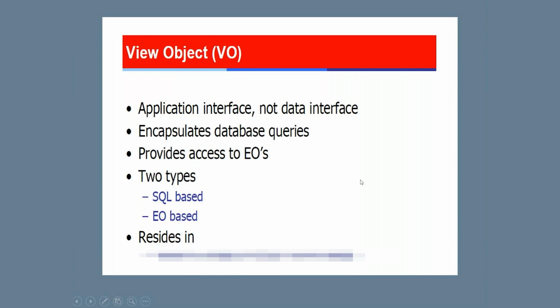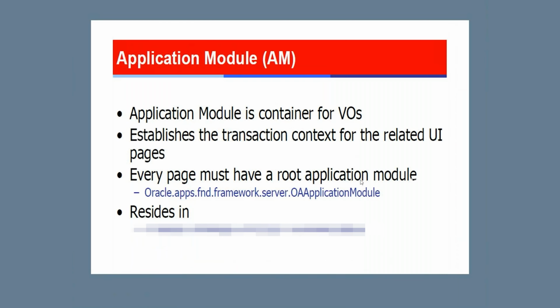So view objects should always be created under the BC4J ending with server. Application modules can also always be created under the BC4J ending with server. View objects and application modules go under BC4J ending with server.